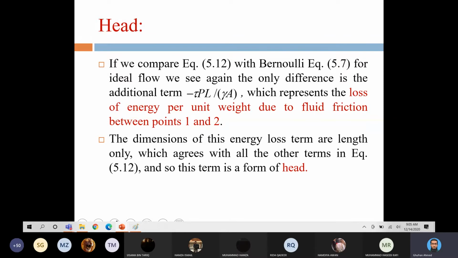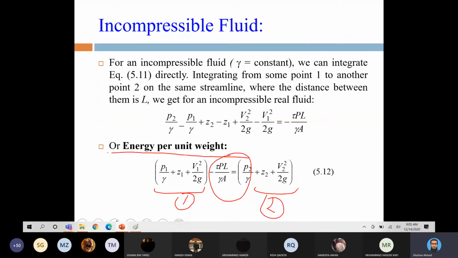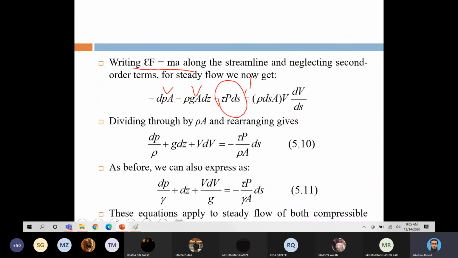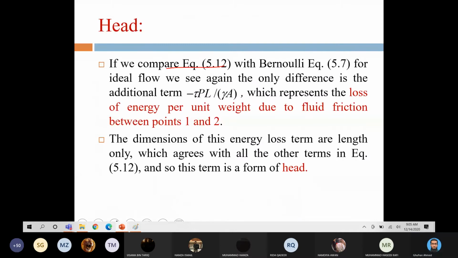If we compare equation 5.12, this one, with the previous lecture equation, Bernoulli's theorem, which is 5.7, which was for ideal flow, we can see the only difference is the additional term tau PL over gamma A, which represents the loss of energy per unit weight due to fluid friction between points 1 and 2.